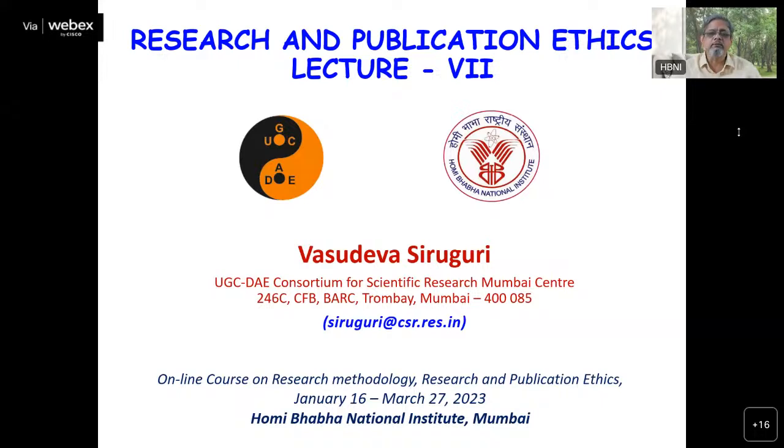I also briefly talked to you about publication ethics. So we'll start from where we left off, two or three slides before the end of the last lecture. I wonder if any of you have any questions so far.